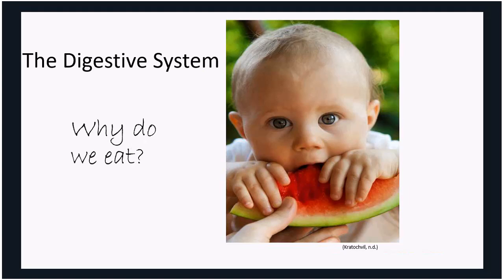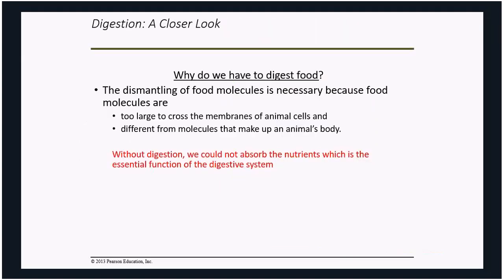So the digestive system. Why do we even have to digest food? It's necessary for a couple of reasons. If you put a carrot inside your body, the pieces are much too big to pass over our cell membranes, so it literally can't make it to where it needs to fuel our bodies. Also, the molecules that make up a carrot are very different from the cells and molecules that make up our body.